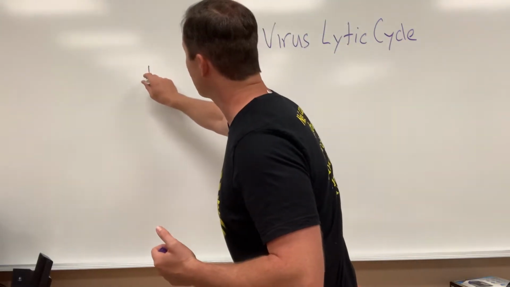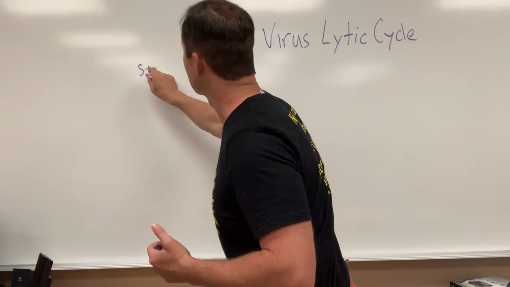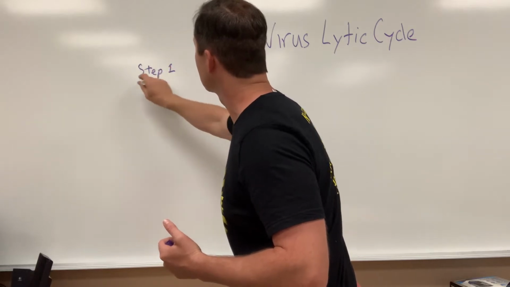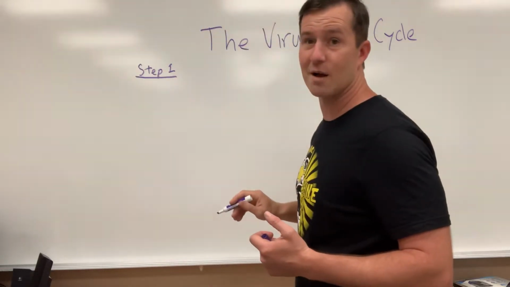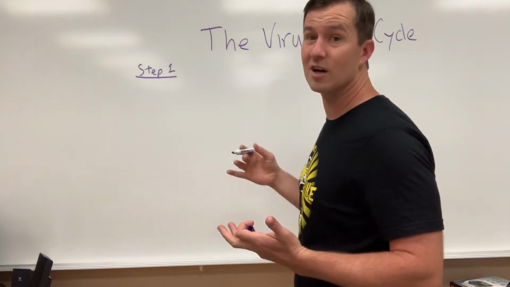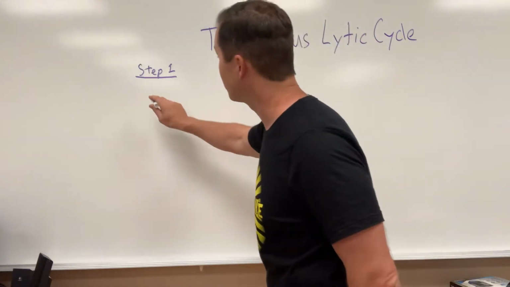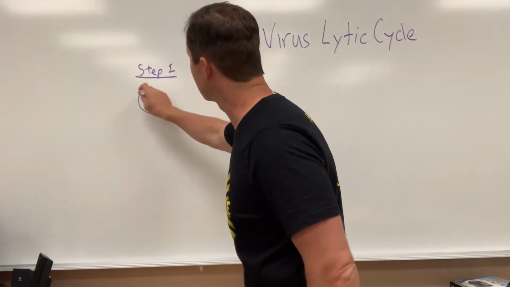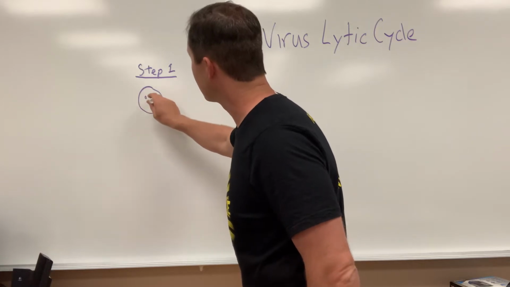So we'll say step 1. You're going to draw this as I'm drawing it. So anything I draw, you draw. Okay, so step 1. We have, we'll call him Sammy.